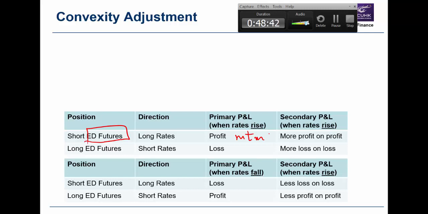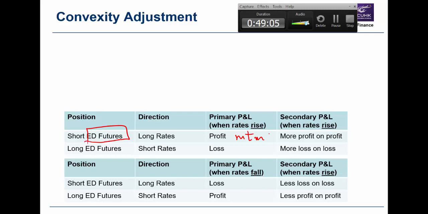That is, when you are short the Eurodollar futures and interest rates rise, you make profit to start with because of the mark-to-market. When money comes into your account, that money is going to attract even more money, more profit, because the rates are rising. So that's what I mean by more profit on profit. You know what I'm saying?